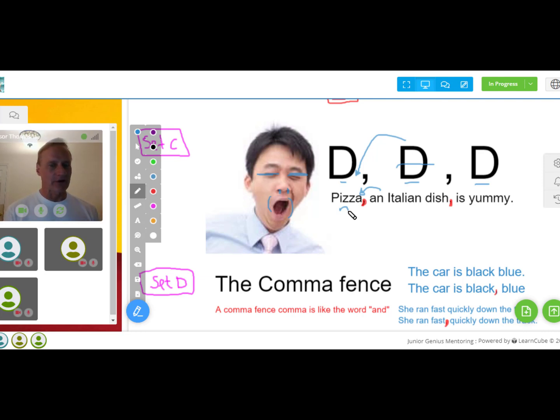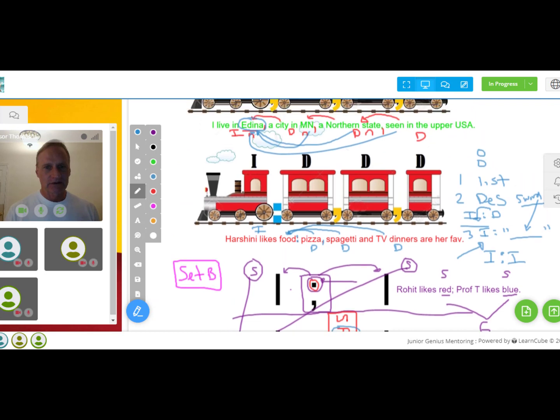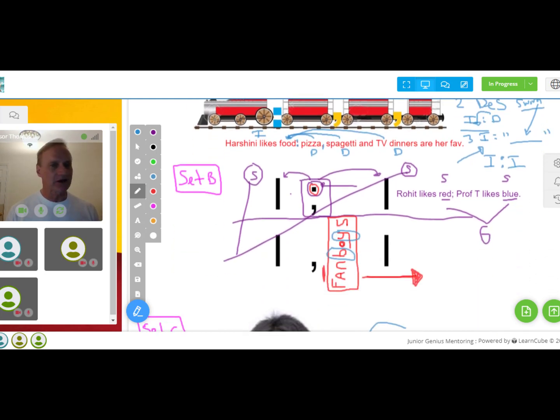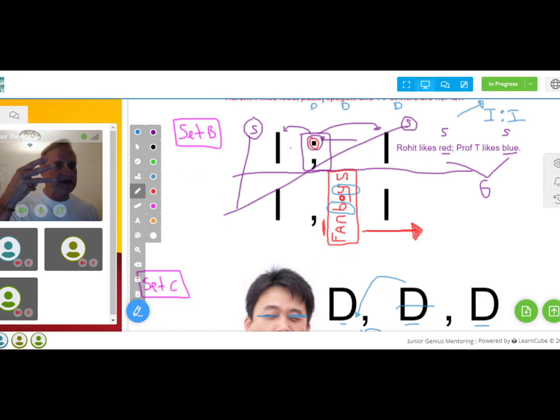Remember the difference between what we saw here in set A with the multiple commas: we have an independent on the front and then commas and then dependent clauses following. Mr. Chung is not that way. Mr. Chung is three dependent clauses.